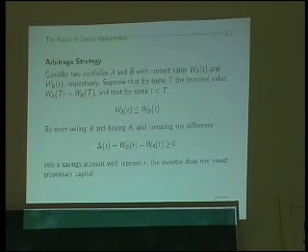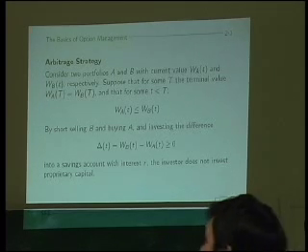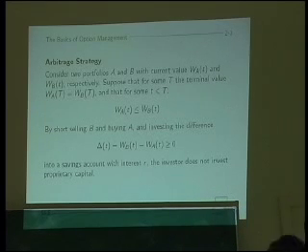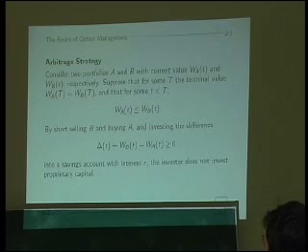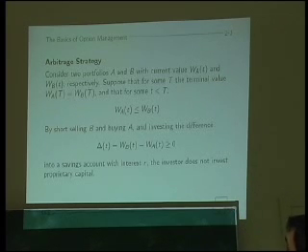Let us have two portfolios, A and B, with current values WA and WB, and assume that at the maturity time capital T, these portfolios have the same values, but at some time small t, which is less than capital T, the value of portfolio A is less than or equal to the value of portfolio B. And then what is quite clear, we can sell B and buy A, and then we can invest this difference.